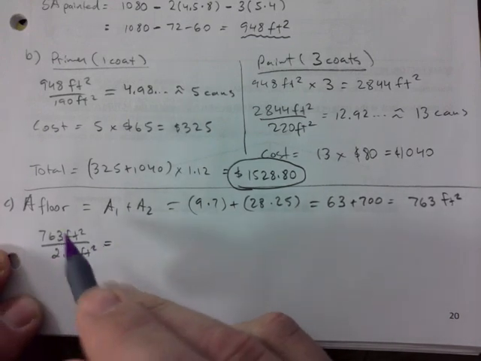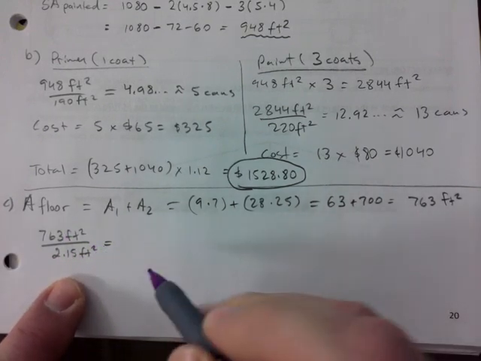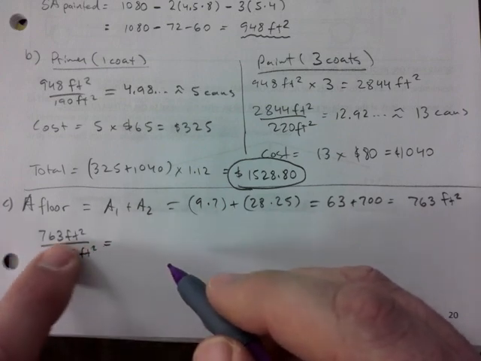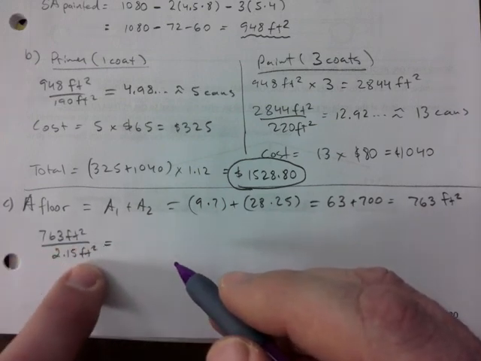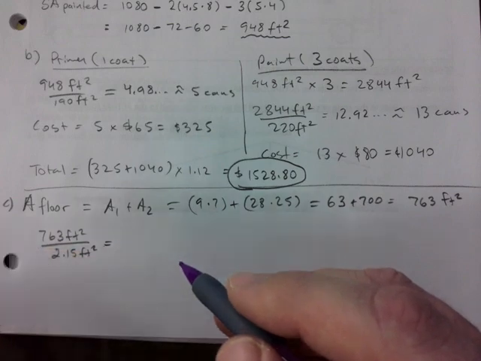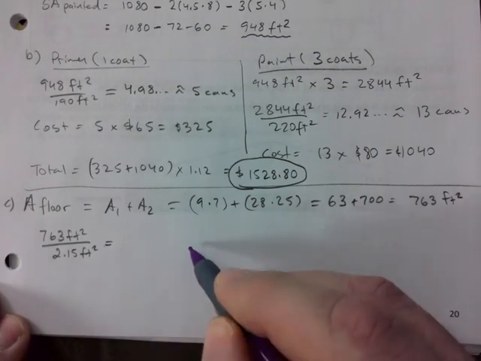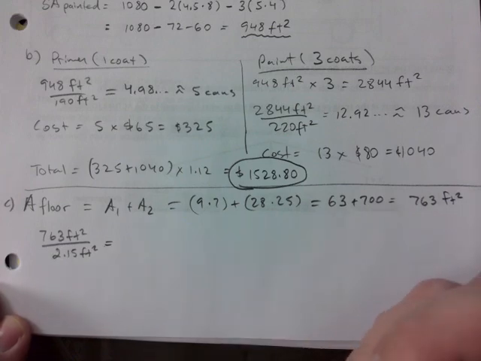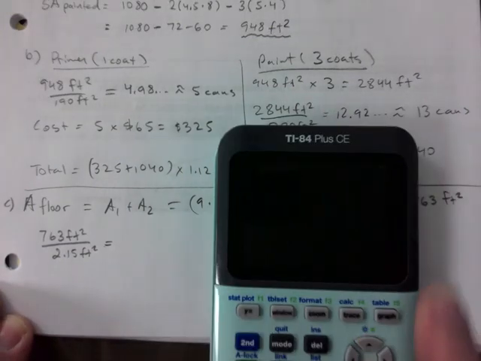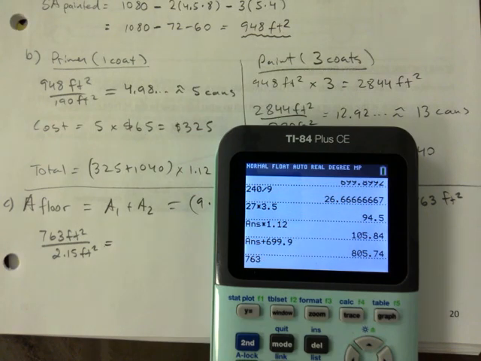What am I going to get when I divide it like this? What does this stand for? 2.15 is every plank, right? So I know whatever I get here, I'm going to add plank to it. So I'm actually going to do this with you. 763 divided by 2.15.